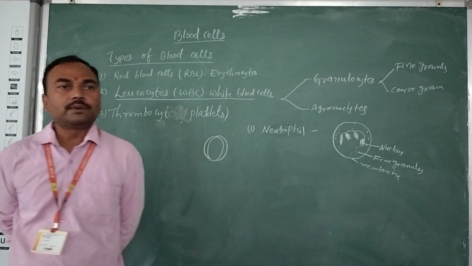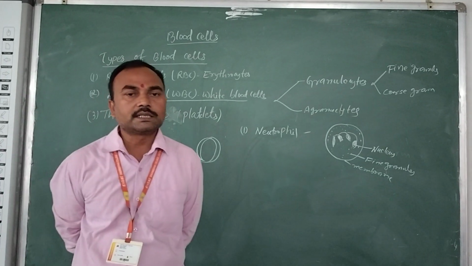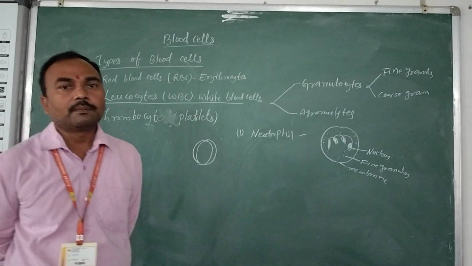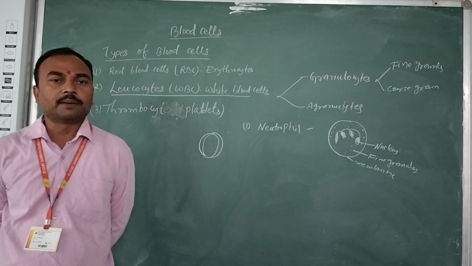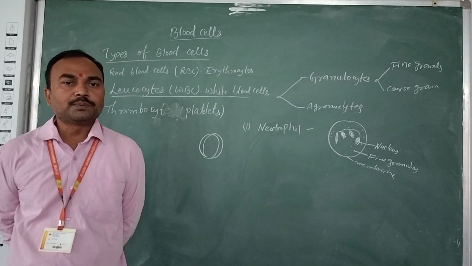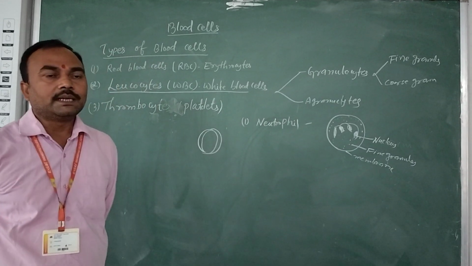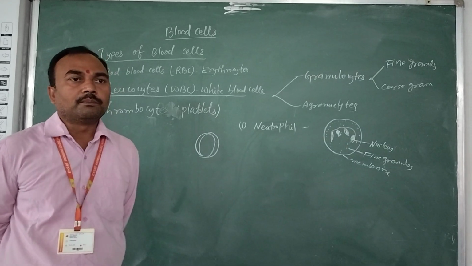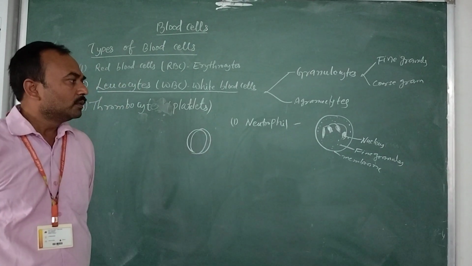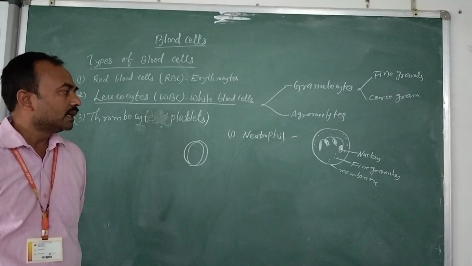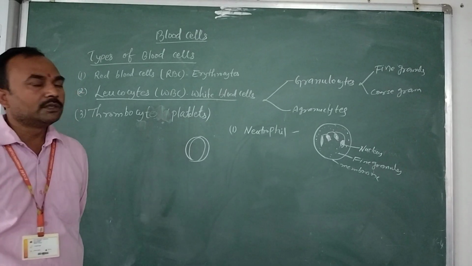Neutrophil is the first line defense mechanism which fights against all kinds of pathogens. Especially when any acute infection happens, neutrophils attack first and their number increases in the blood circulation. So the first WBC to appear in the defense is the neutrophil.